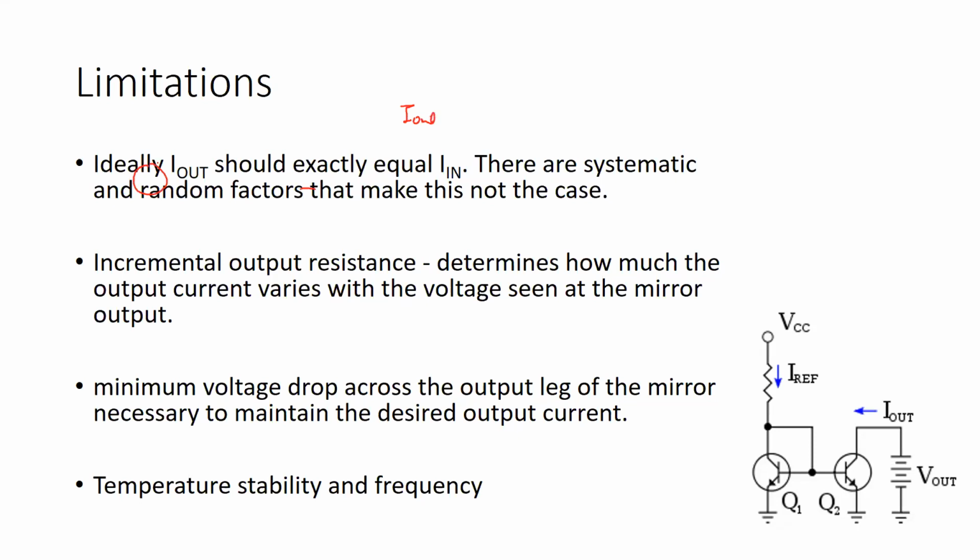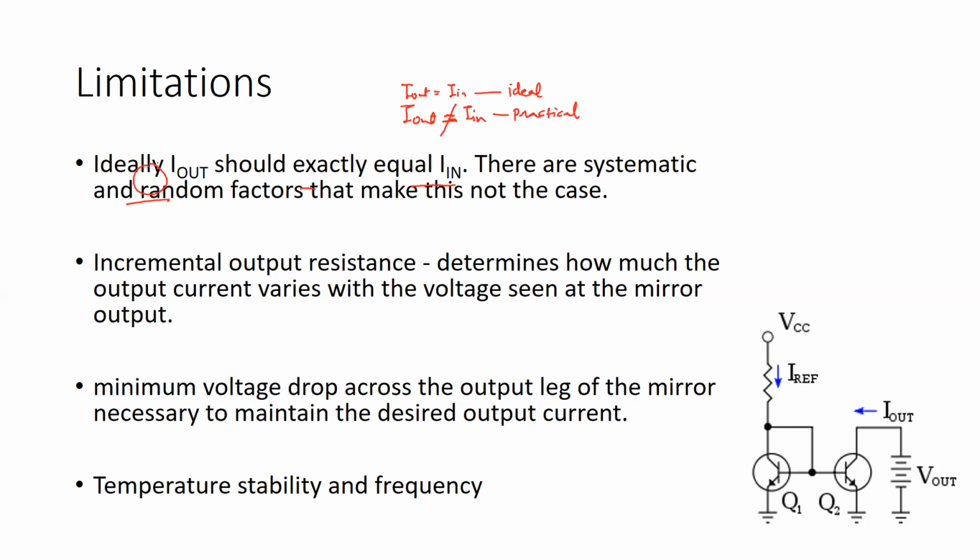But there are systematic errors and some random factors that make this not the case, for example, disturbances, noise, temperature variations, mismatches in the transistor properties, etc. So this is not going to be the case in your practical situation. I out equal to I in is the ideal condition. I out not equal to I in is your practical condition.